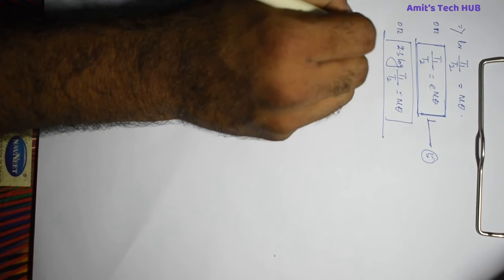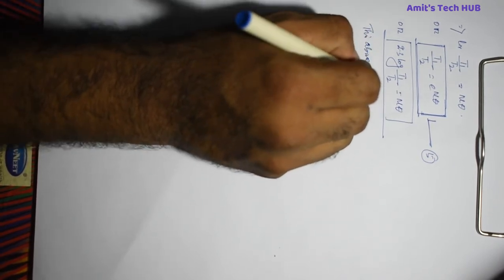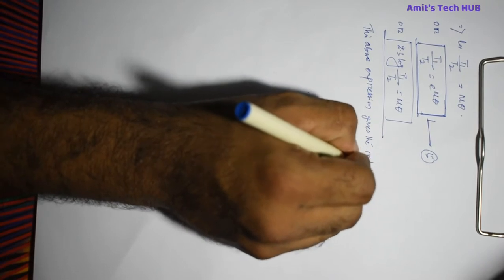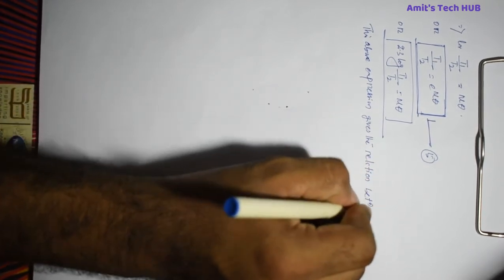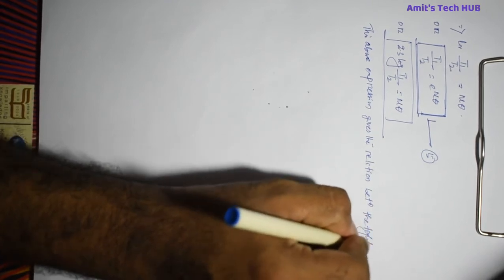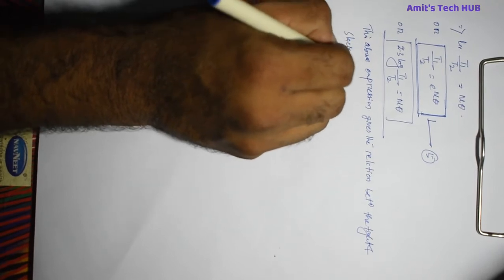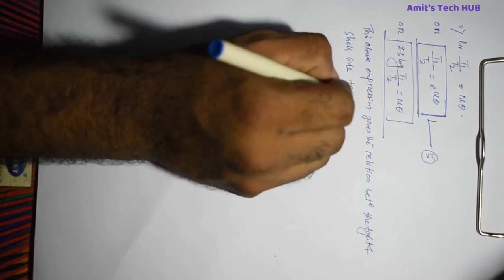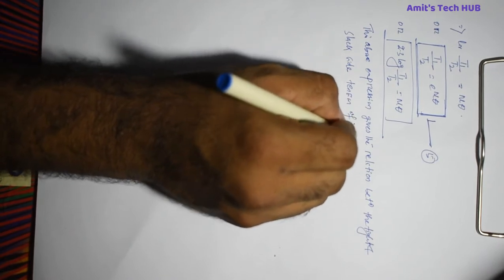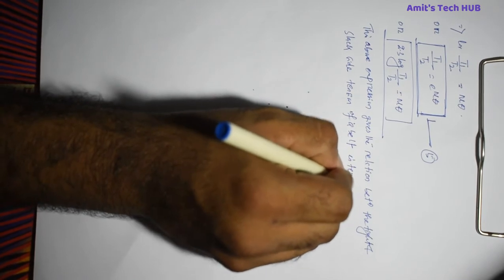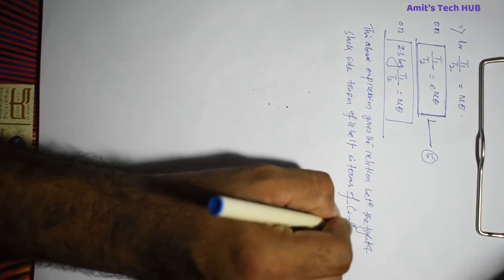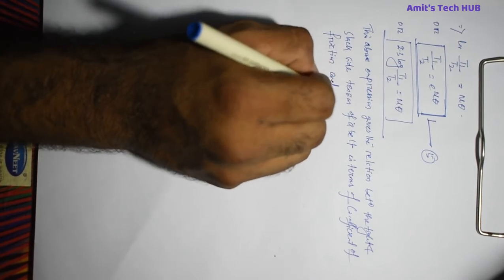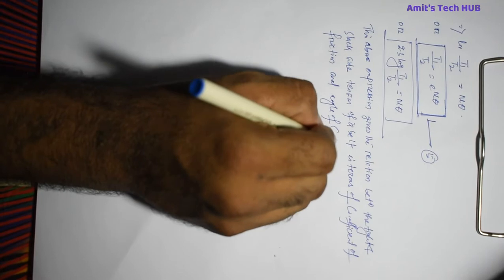So this above expression gives the relationship between the tight and slack side tension of a belt in terms of coefficient of friction and angle of contact.